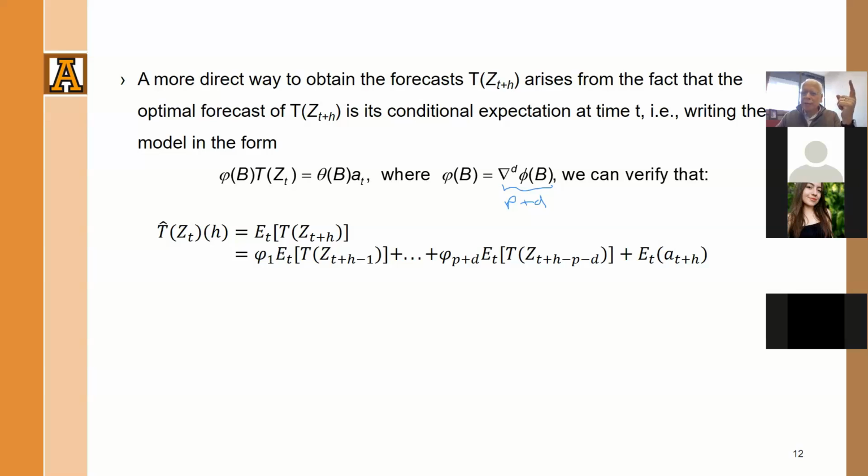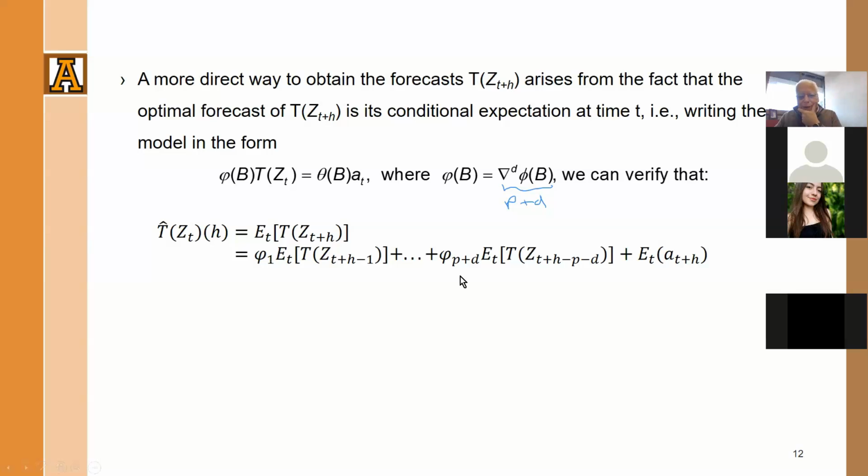Remember, when we take one difference, we lose one observation. We take two differences, we lose two observations. So if p is equal to 1, then we need the prior observation, so we can start at 2 only. But if p is equal to 1 and d is equal to 1, then my forecast can start at time equals 3, because I need the first two observations to do the forecast.